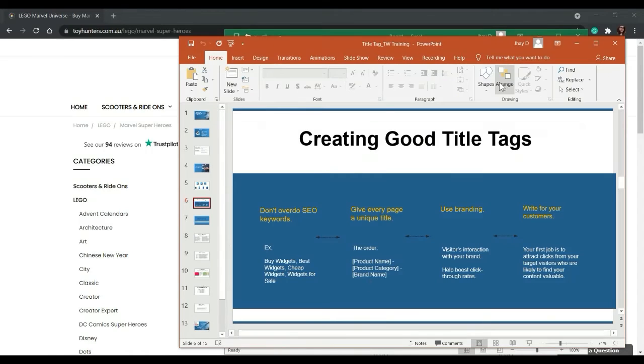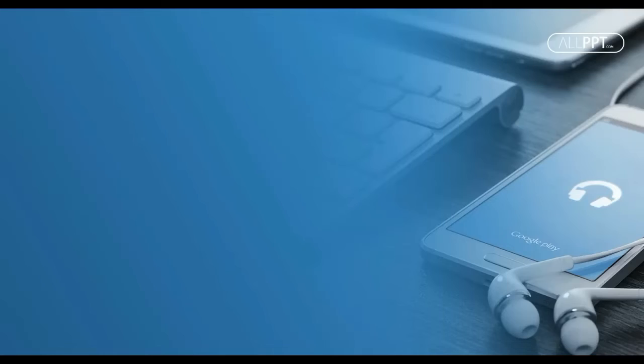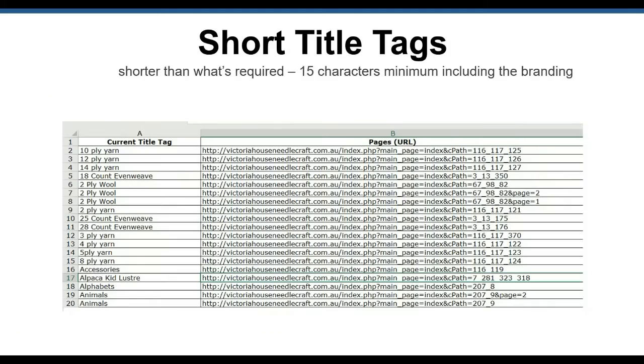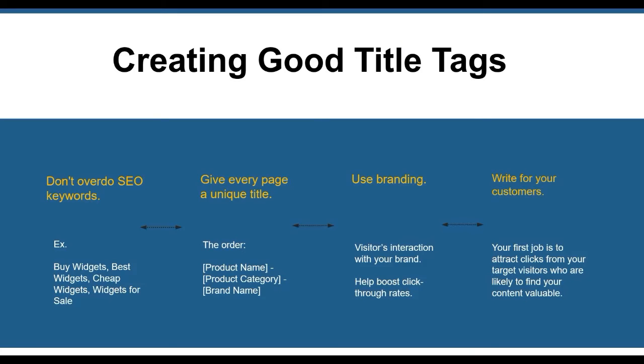Okay, now let us continue. The next one is we have to use the branding. So why do we always have to put the branding there? It's for visitors' interaction with your brand.